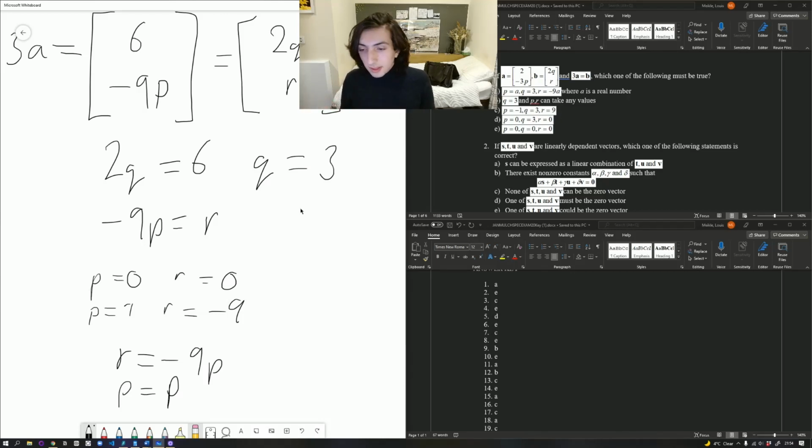That's the main thing. Now, we could also represent this P as just some other number. So let's say P is equal to A, therefore R is going to be equal to negative 9A. Which then shows you that A would be correct here. The other cases are correct as well. So 0, 0, minus 1, 9. So P and R taking any values.